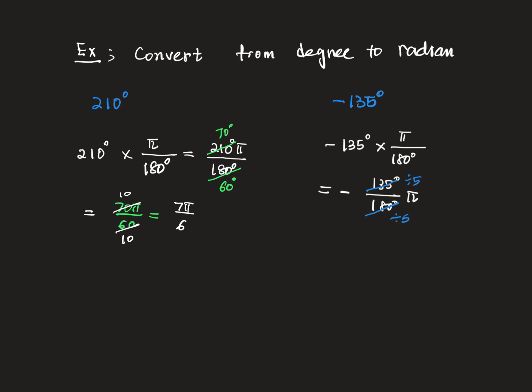You're going to see this one is going to be negative 27, and 180 divided by 5 is 36. So you're going to do one more time. Divide by what? 9, both sides. 9 divided by 9, divide by 9. You're going to have negative 3 over 4 pi. So always in fraction form, you're going to see the radian.